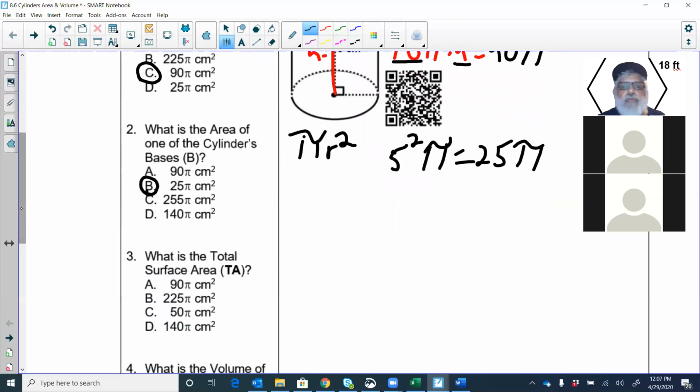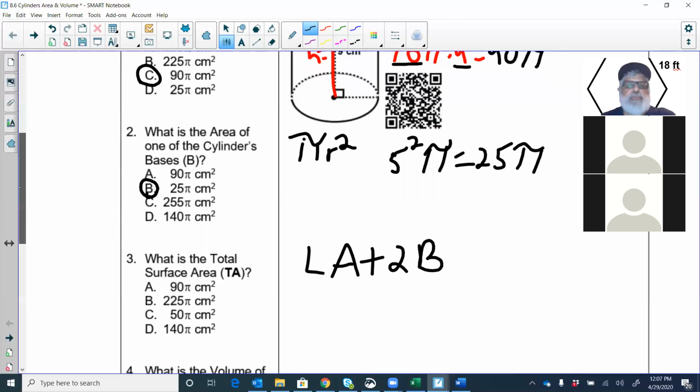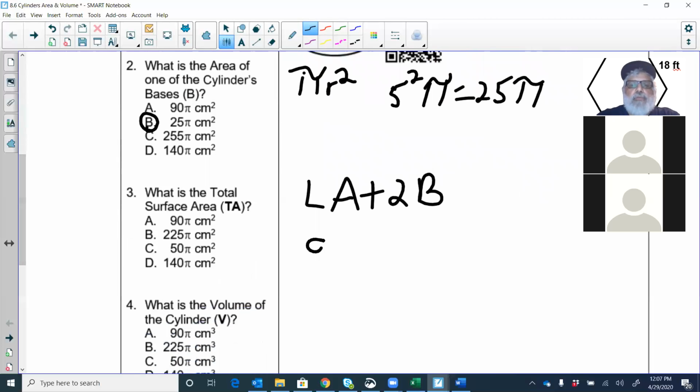Now the total area, remember we did this on the last assignment, lateral area plus 2 times the base. Number 1, we got the lateral area, which was 90 pi. So I'm going to put down 90 pi right there.